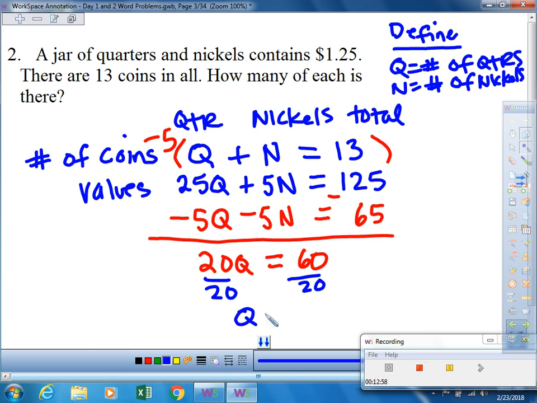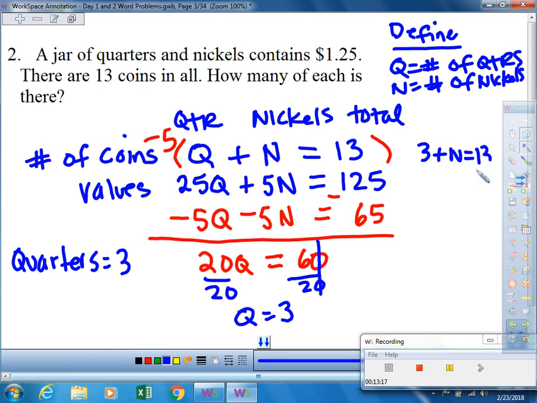Remember when they end in zeros, you can divide by 10. So 6 over 2 is 3. So my answer: quarters equals 3. So 3 plus n equals 13. So how much is n? 10. 3 plus 10 is 13. So nickels equals 10.